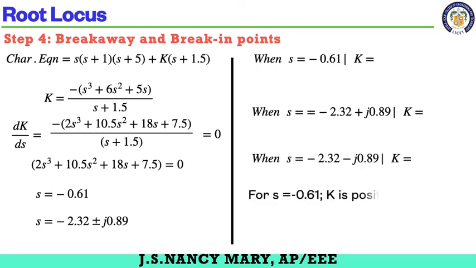For s equal to minus 0.61, K is positive. You will get the positive value of K at s equal to minus 0.61. Okay, so you need to mark that one here.